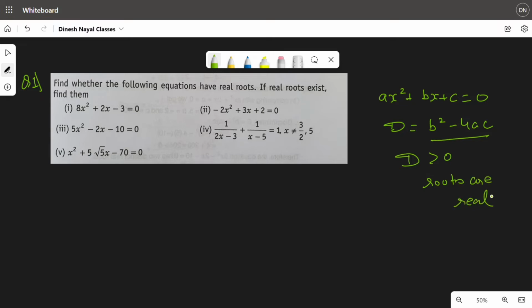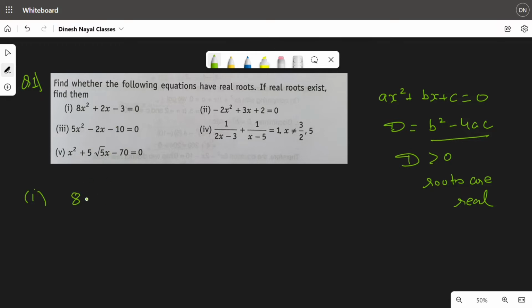Okay, now starting question number 1, the first part. The first part is 8x square plus 2x minus 3 equals 0.